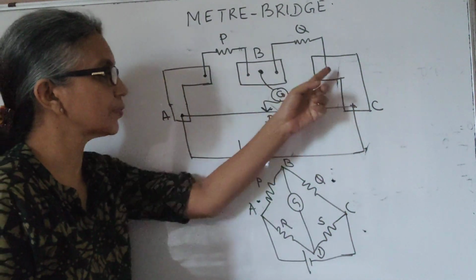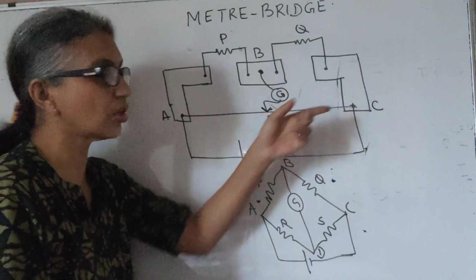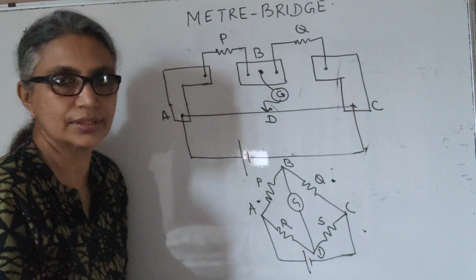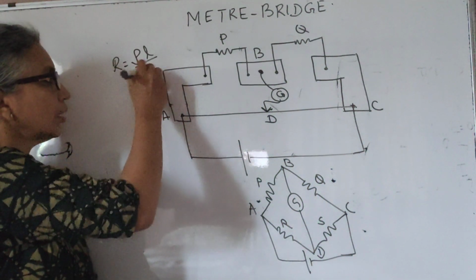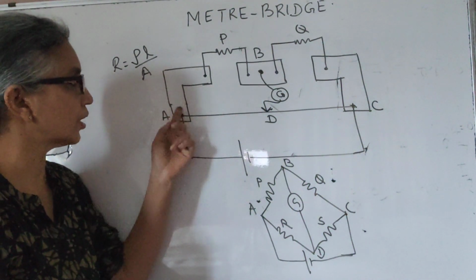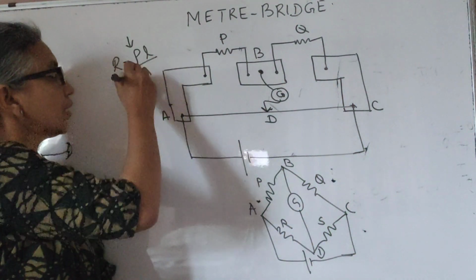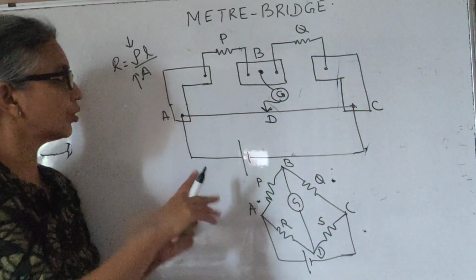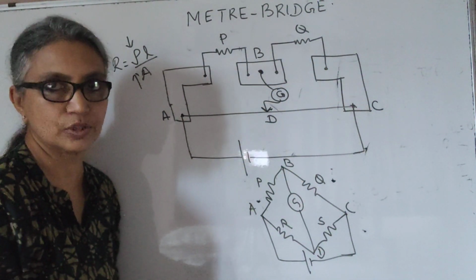Now these copper strips are thick and made of copper so that the connection wires do not offer much resistance, because as you know, R equal to rho L by A. Copper has very low resistivity, and because they are thick, the area of cross section is large. So low resistivity and large area of cross section would reduce the resistance offered by these copper strips.